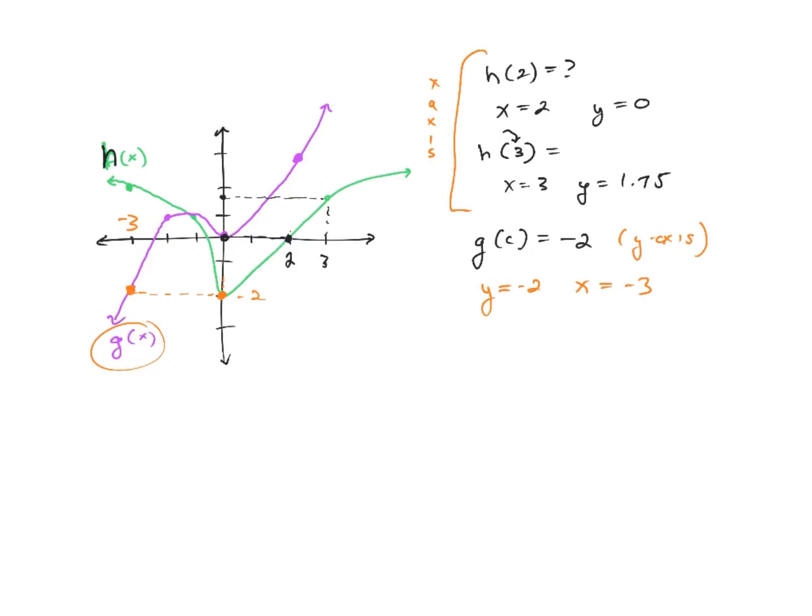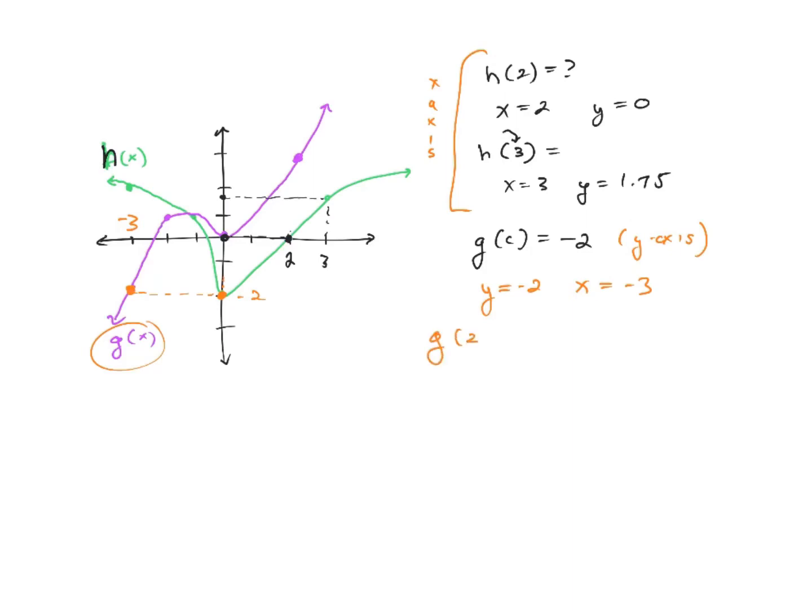A couple problems you may see in evaluating functions: they may say, what is g of 2 times h of -1? I can't use 5, we didn't go to 5.